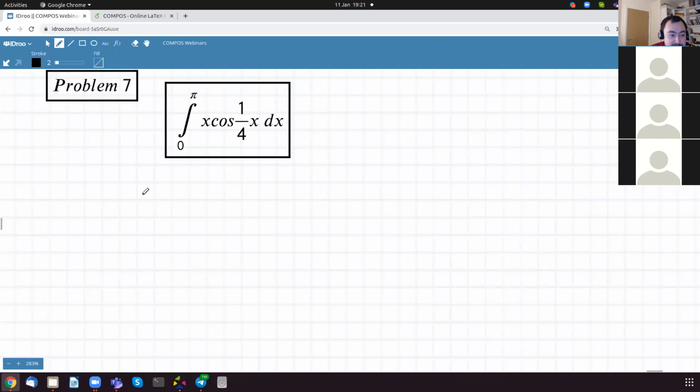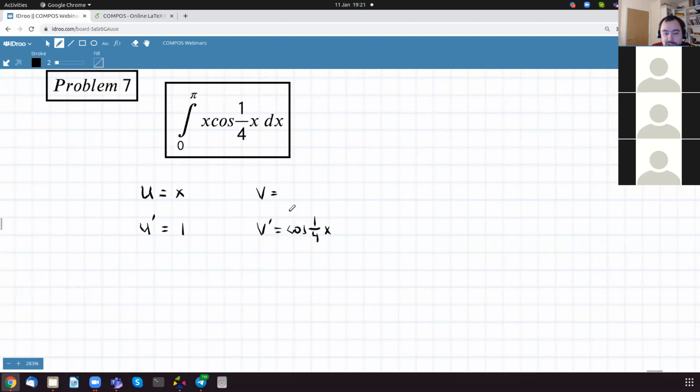So here I'm going to use integration by parts. So u is going to be x. v is, well, we don't know. We don't know what v is. u prime, the derivative of u, is 1. The derivative of v is cosine 1/4 x. So now we need to find v.